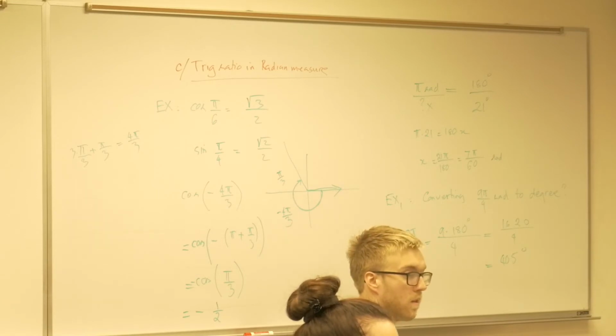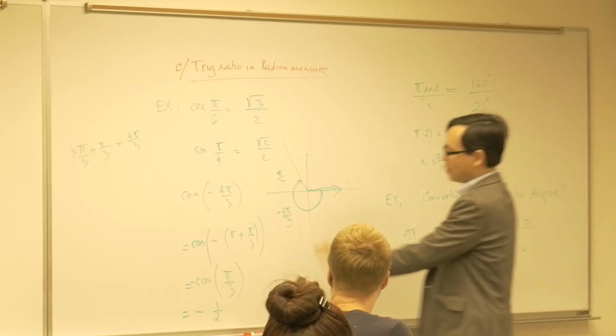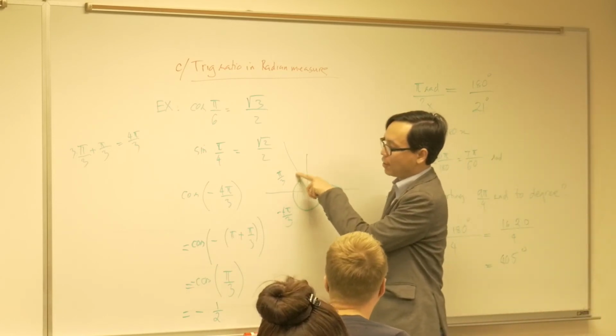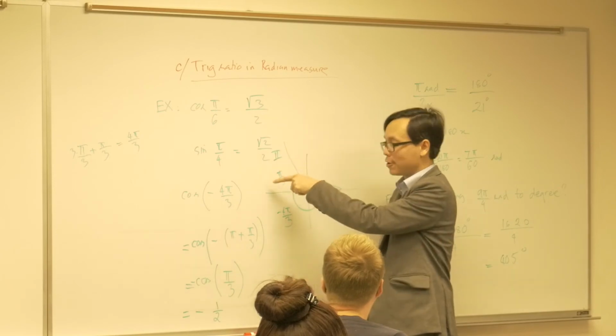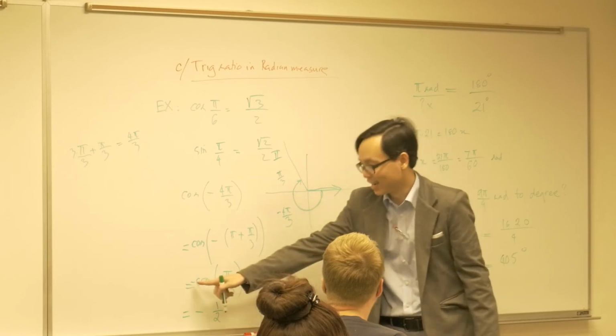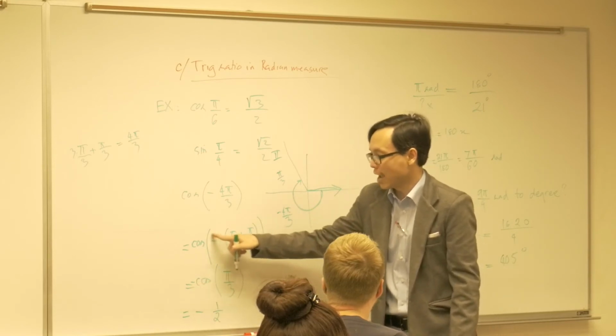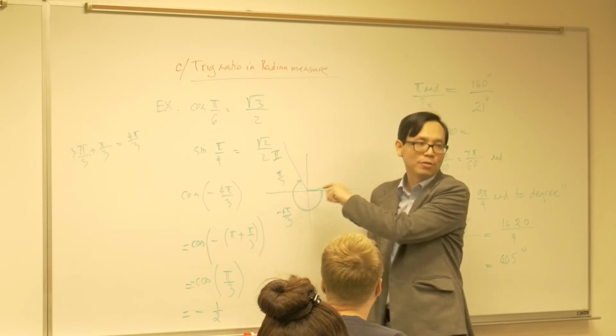How do you get to negative cosine? Right here, because the reference angle is in the second quadrant, and in the second quadrant cosine is negative. So you use negative cosine. This negative sign here just tells you whether you go clockwise or counterclockwise.